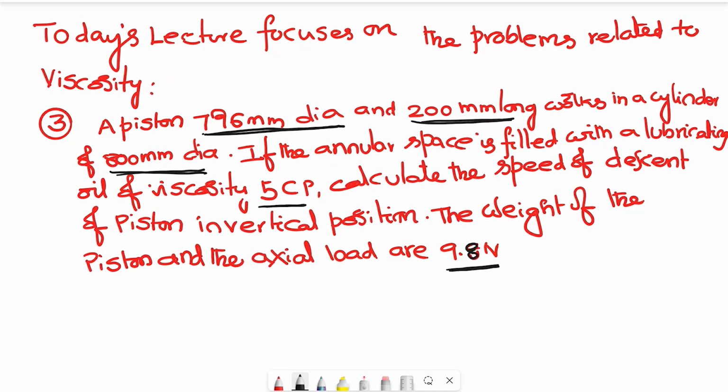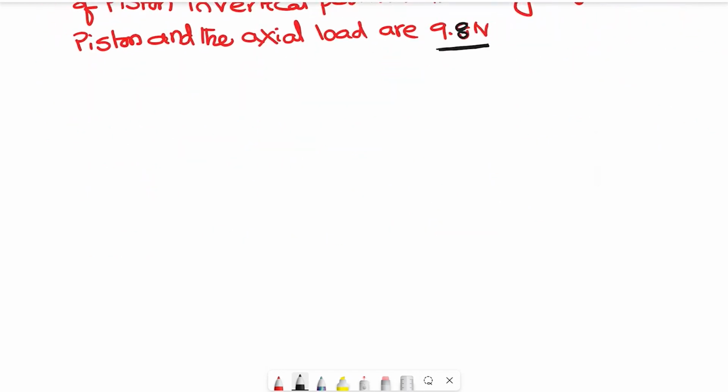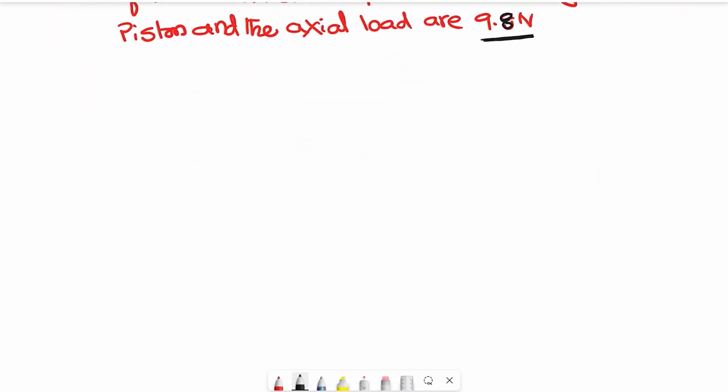These are the data. So if I diagrammatically represent the same, the cylinder is the outside thing. So if I draw, this is the cylinder portion. Cylinder is outside and is not rotating, so I put it as fixed.